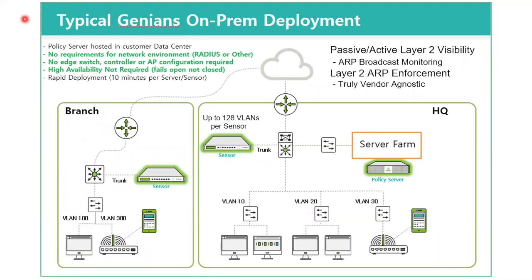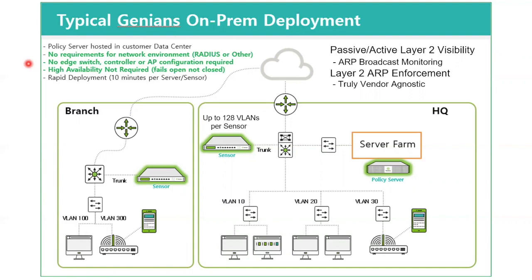So being able to get this information without actually having to touch all of your networking equipment, configure high availability because you've got a single point of failure, and do this easily without a lot of networking knowledge or having high-level networking experts involved or network access control experts involved. That's always been the challenge.